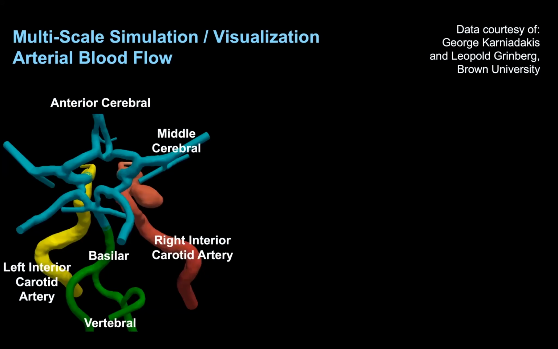So here are a few examples of some use cases. This one is quite a few years old now, but I like to share it because it's a good example of multi-scale visualization and simulation.